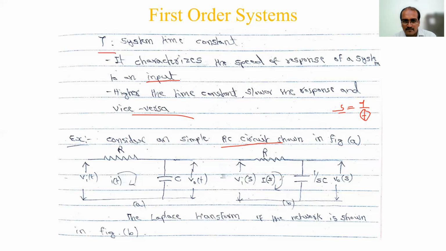First, what we'll do, we'll replace it by a Laplace network. So in the Laplace network, it becomes Vi of s, and this R will not change, R as it is. The capacitor becomes 1 by SC, and V naught of s, and this is I of s. So you have to write the equations of this. Here you will apply KVL, you will get I of s, and that I of s will be multiplied with 1 by SC to get V naught of s.